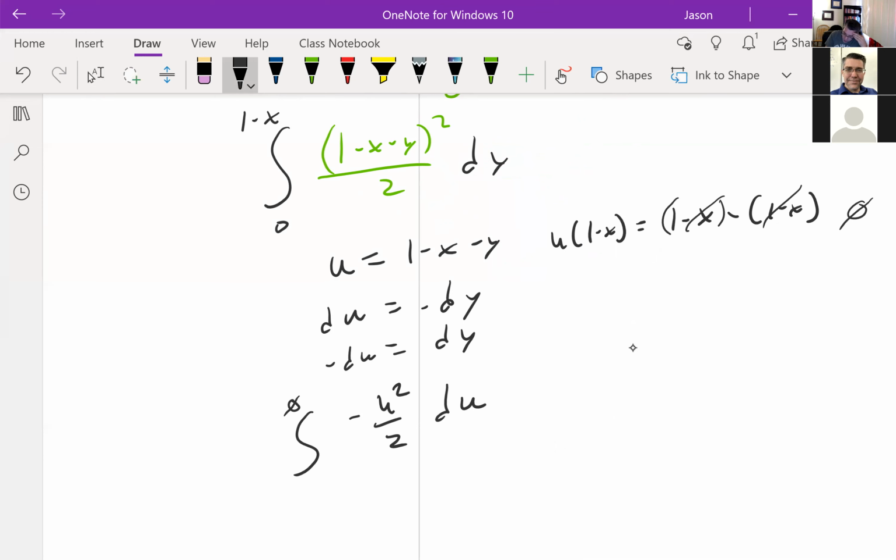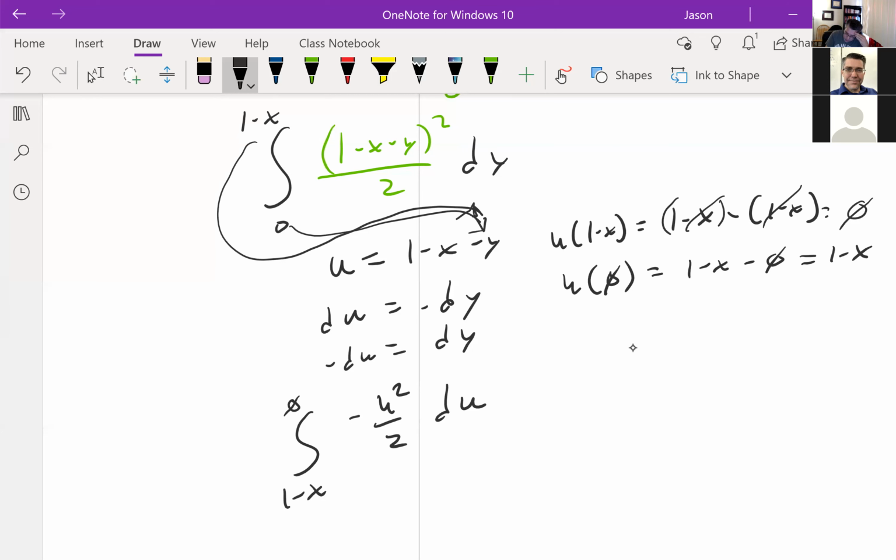Plug in 0 for y: u of 0 is 1 minus x minus 0, which is 1 minus x. So it's almost like the limits got reversed, and I could reverse them back and get rid of the negative if I really wanted to.